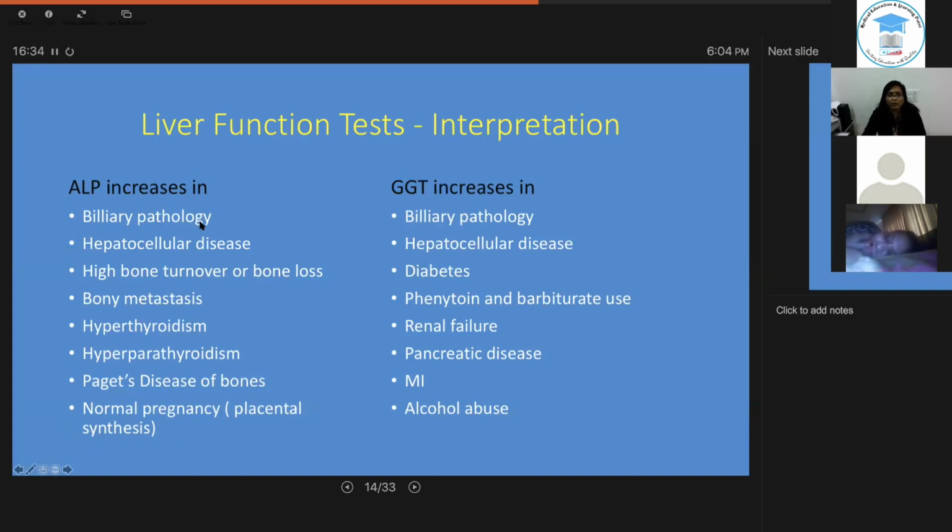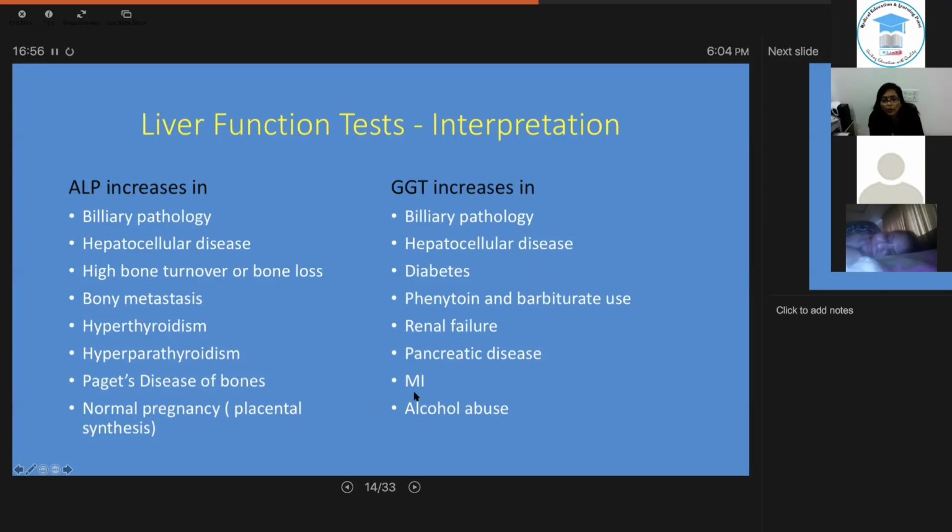The second parameter is GGT. This also increases in biliary pathology, liver pathology, but some of the other common diseases are diabetes, patient on phenytoin or barbiturate, renal failure, pancreatic diseases, myocardial infarction. So a long list of diseases there in which GGT increases.